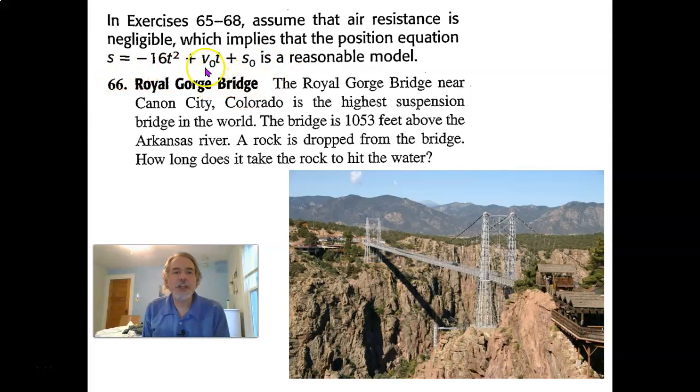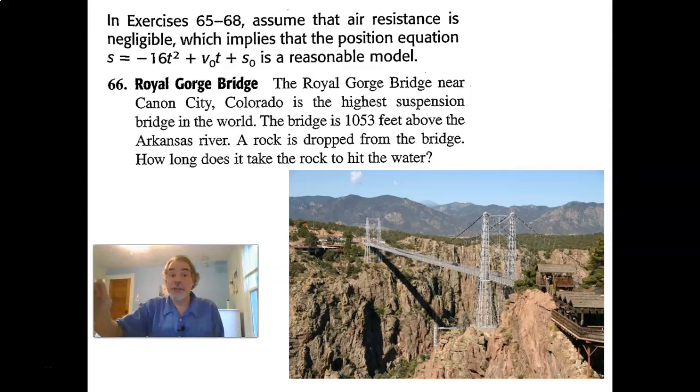Now, in this equation, this v sub 0 stands for the initial velocity, the velocity that the rock starts out with. And we said that it was dropped. You just let go of it instead of throwing it or giving it a little push. So that means its initial starting velocity is 0.